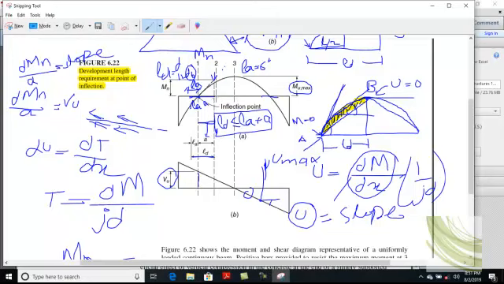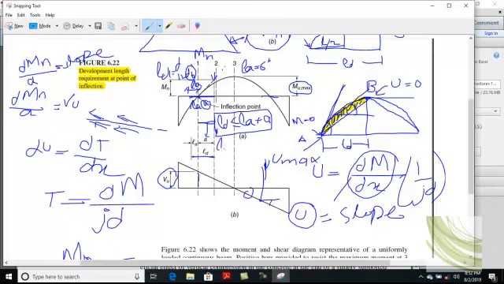Now we justify that distance A. Basically we are justifying whether that distance is sufficient to develop the full stress or not. So your A distance plus some extra extension must be greater than or equal to Ld.